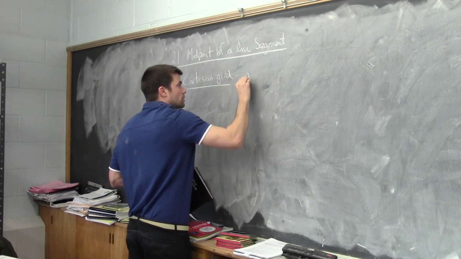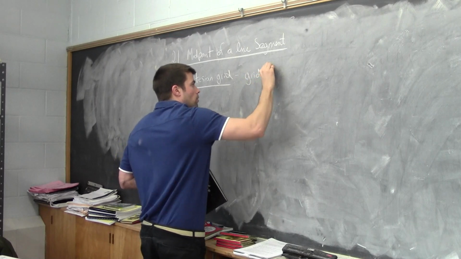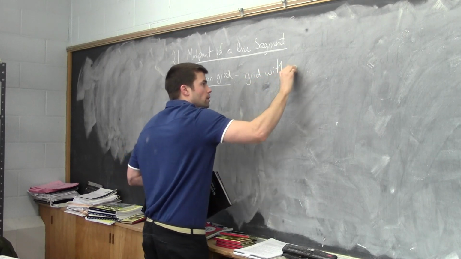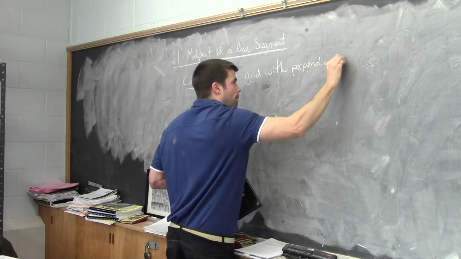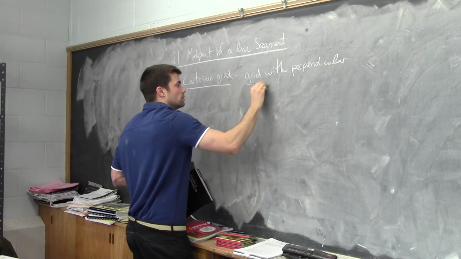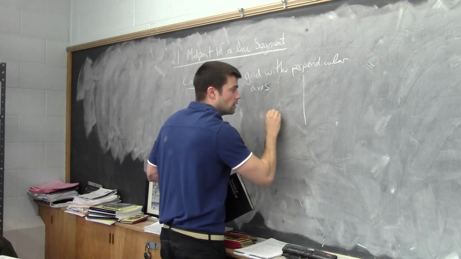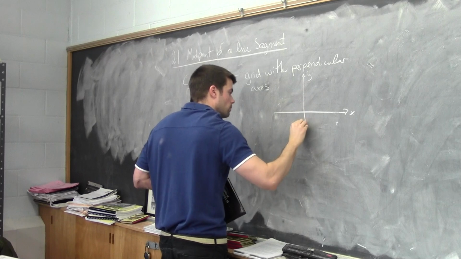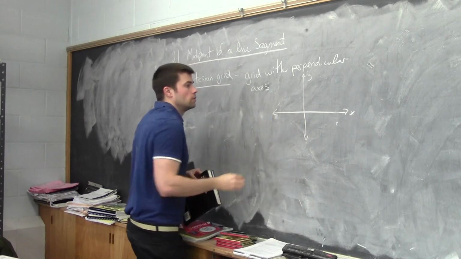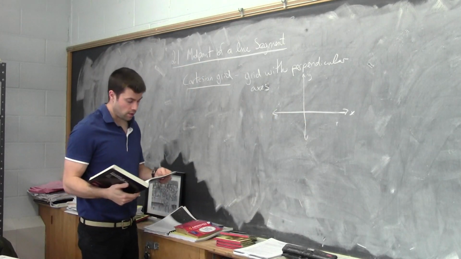It's just defined as a grid with perpendicular axes. Axes look like this, right? We have X always on the bottom and Y on the top. So that's our standard Cartesian grid.